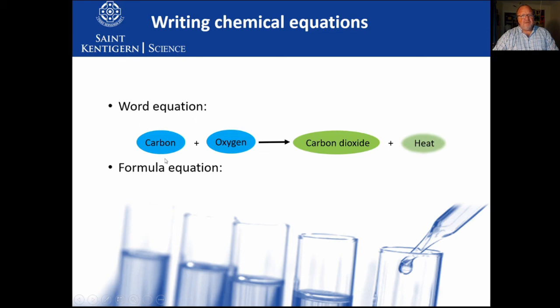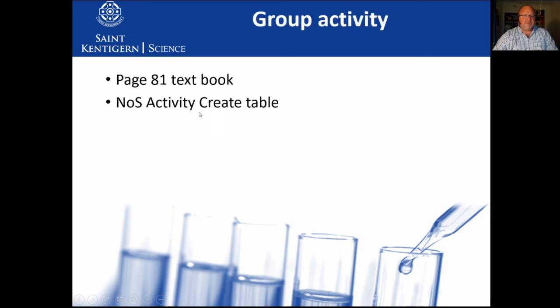So that's the word equation, but we also get a chemical equation. So carbon is C plus oxygen, which is going to be O2. Can you see that is an elemental molecule? Remember, there's more than one. This is a pure element. And put them together and they will produce CO2, carbon dioxide, and heat. Okay, so that's your formula. Over here is your word equation.